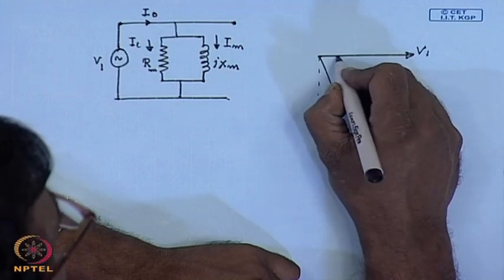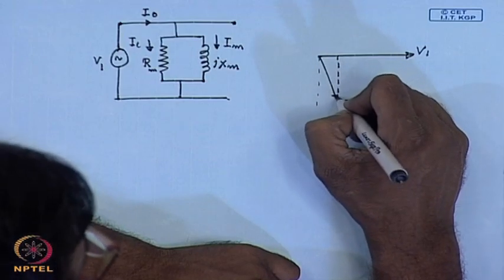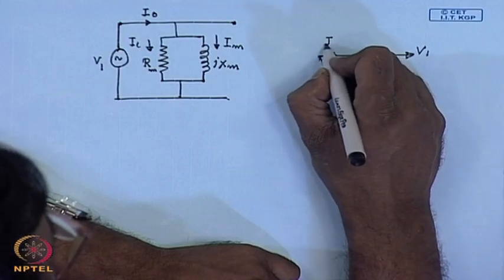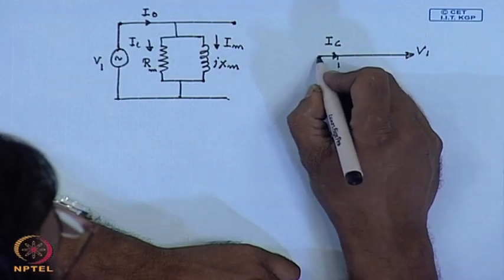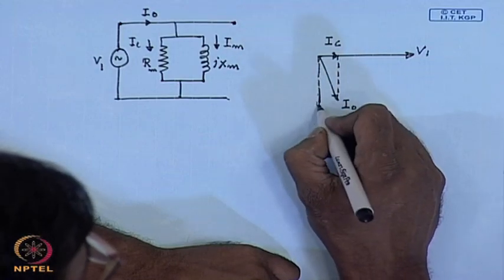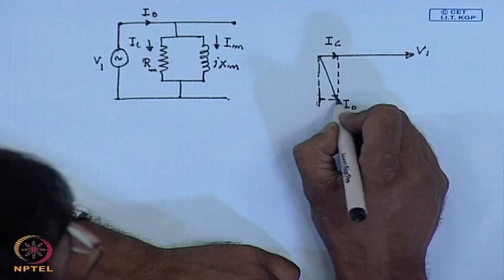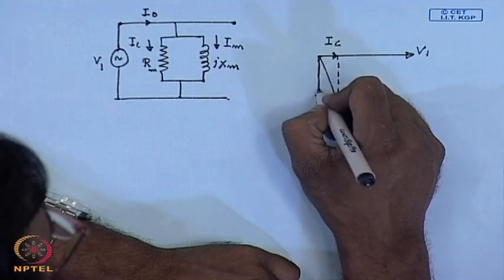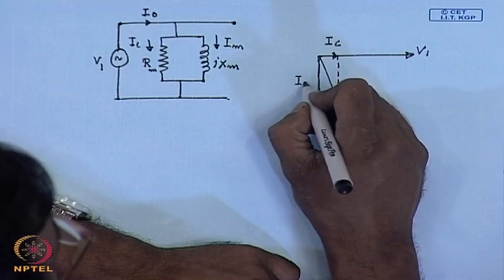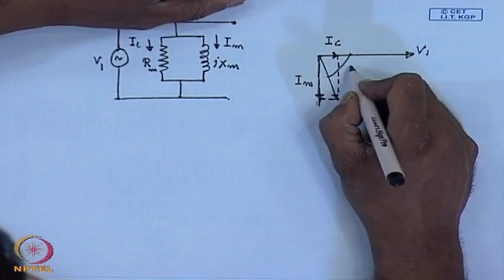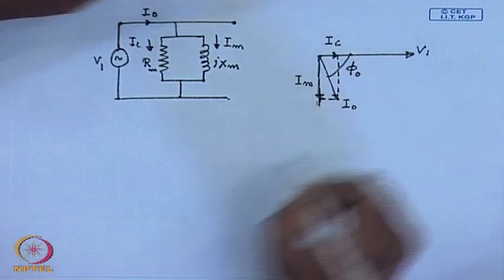Hence the component in phase with V1 is IC flowing through Rm, and the component perpendicular to V1 and lagging it by 90 degree is the current being drawn by the magnetizing branch Im. Hence, this is the no load power factor angle phi 0.